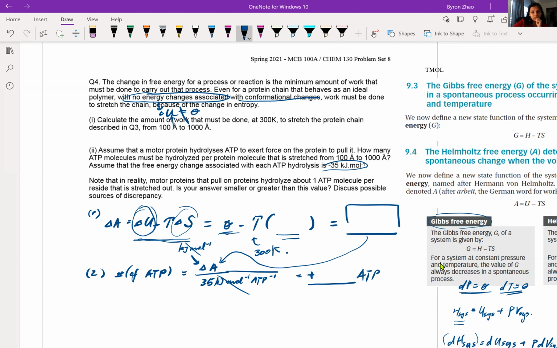Of course, our answer is you're decreasing the entropy, which is not good. You're limiting the ability of this protein polymer to have more conformations, which the protein doesn't like. So that's the idea of the question, but we're not considering the energetic term, delta U. It is 0. All right, are there any other questions?